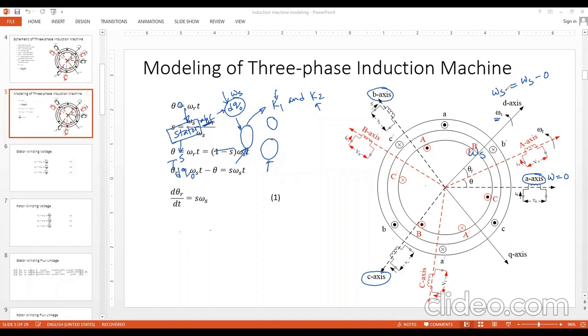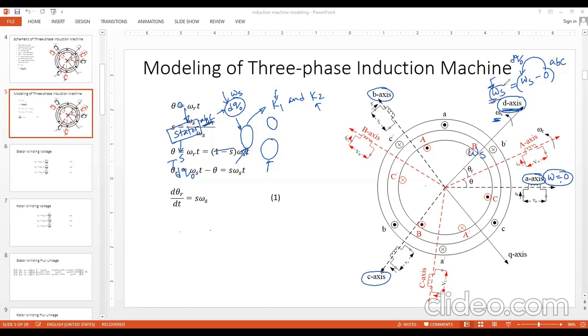So basically, in the Parks transformation, within the elements themselves, we are using the speed term, which is nothing but the relative speed between the two frames of reference. One frame of reference is the stator frame, whose speed is 0. Another frame of reference is the d-axis, whose speed is omega s. So we are transforming ABC stator to dq0, and the relative speed is omega s.